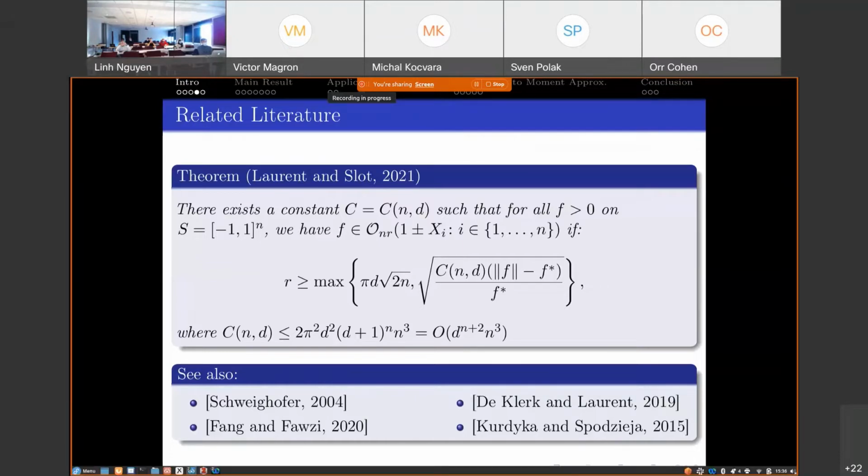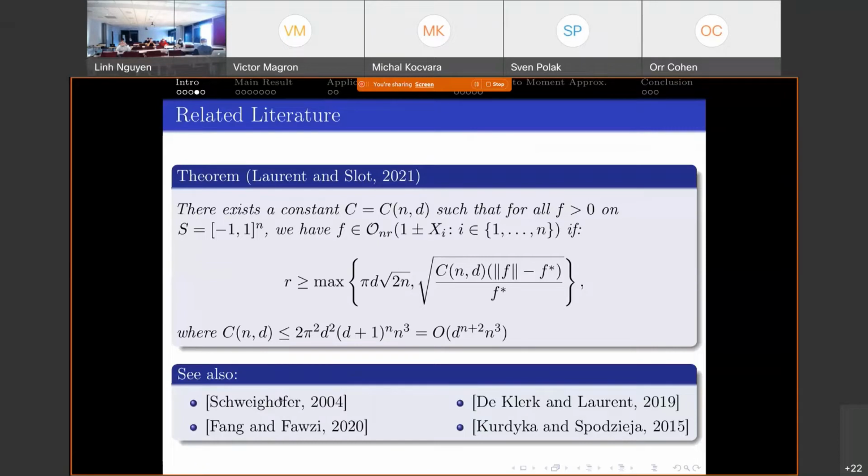And let me mention some other results. First, an effective version of Smooth Positivstellensatz by Markus Schweighofer, where he proves a general result for the effective Smooth Positivstellensatz. You can find in Fang and Fawzi an analysis of the convergence for the hypersphere for homogeneous polynomials.